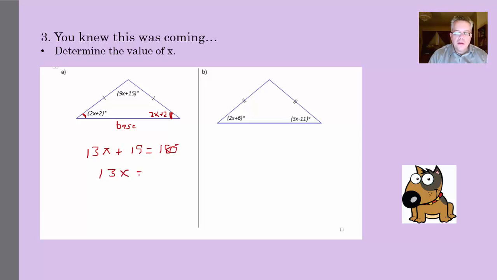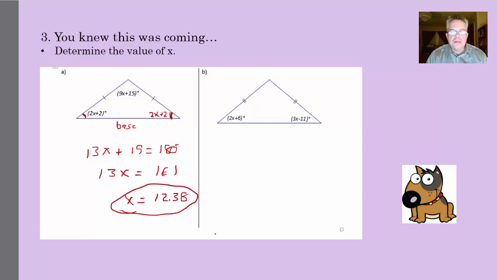So subtract the 19, we get 161, and divide by 13. I get a decimal, but it's okay. I get 12.38. Every now and then that happens. So that's the answer. The secret is to identify the base angles.